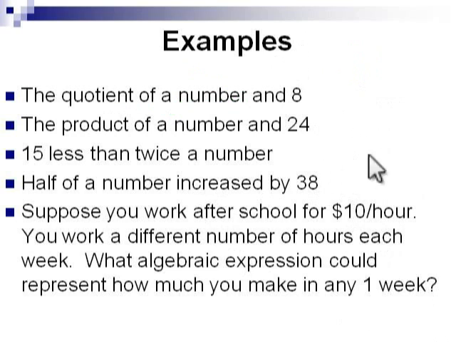The product of a number and 24. The word product indicates that we're going to multiply. And if you remember from the slide before, for multiplication, we're not going to use a dot or an x. We're simply going to write the number that we're given, which in this case is 24, because we're multiplying 24 times the number, which in this case we're going to use a variable.